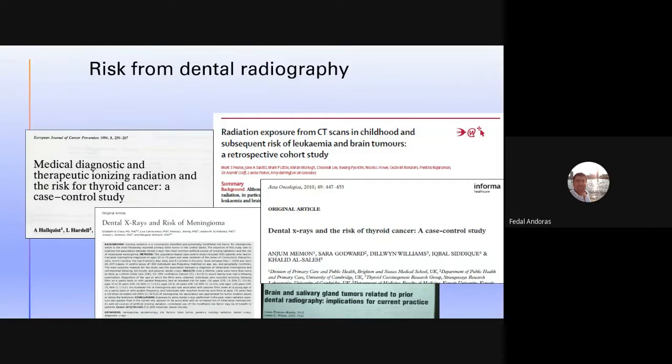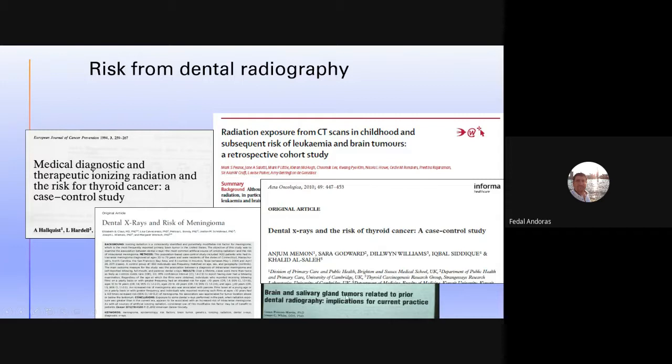شوفوا البلاوي بالابحاث. Look at this. Radiation exposure from CT scan in childhood and subsequent risk of leukemia and brain tumors. A retrospective cohort study. Medical diagnostic and therapeutic ionizing radiation and the risk of thyroid cancer. A case control study. Dental x-rays and risk of meningioma. Dental x-rays and risk of thyroid cancer.